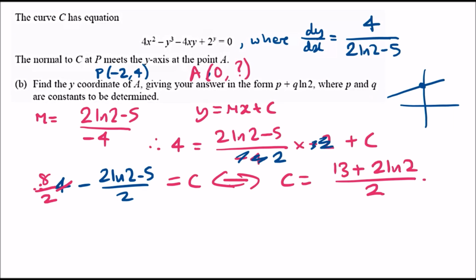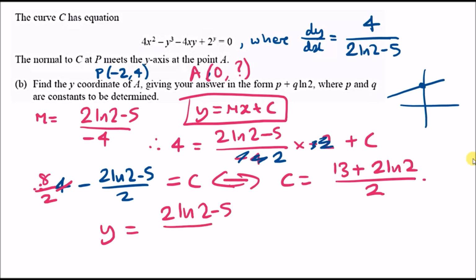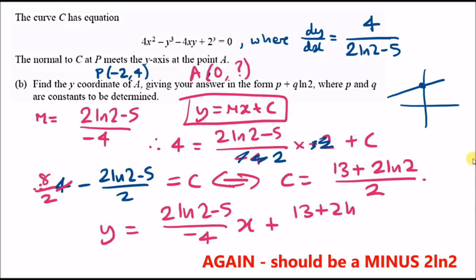So we can say now we're going to have an equation of y equals mx plus c, guys. So we're going back to the normal equation. We have a gradient of 2 log 2 minus 5 over negative 4. So 2 log 2 minus 5 over negative 4 x plus c, which is 13 plus 2 log 2 over 2. Not easy.